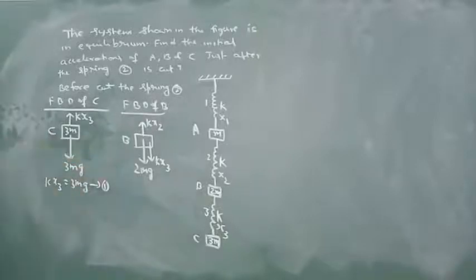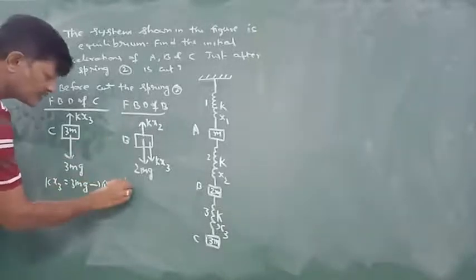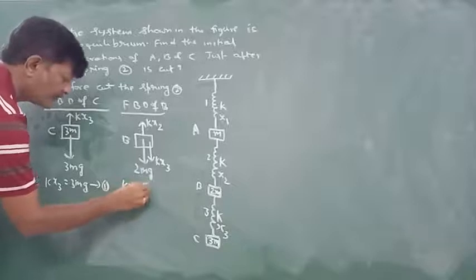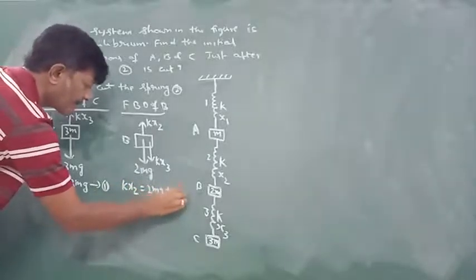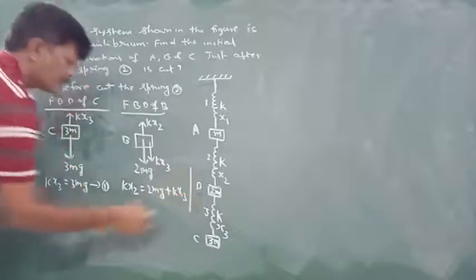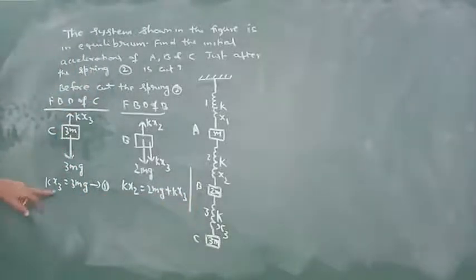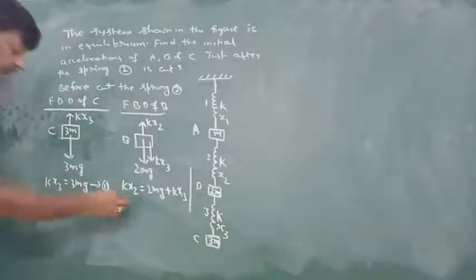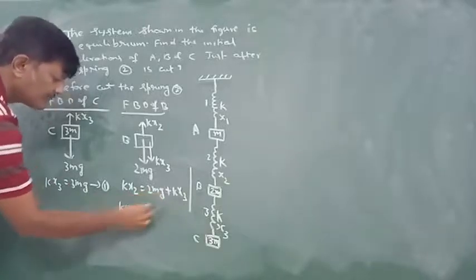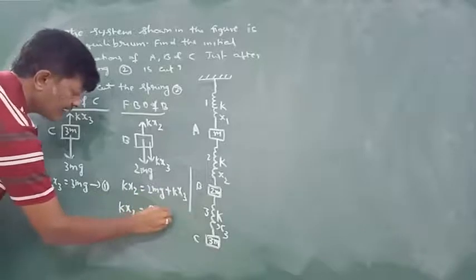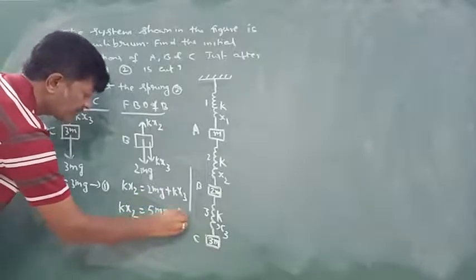This block is also in equilibrium. Therefore Kx2 is equal to 2mg plus Kx3. From the first equation Kx3 is 3mg, so Kx2 is equal to 2mg plus 3mg, that is 5mg, equation number 2.